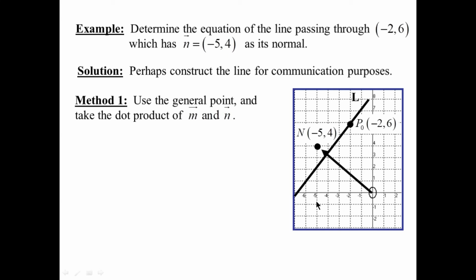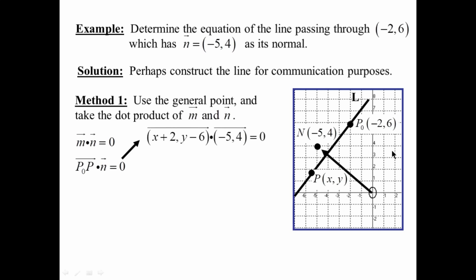Method 1: use a general point and take the dot product of its direction and its normal. So we'll put a general point on there, and its direction will be (x minus negative 2, y subtract 6). We know its normal, and we dot those two things to 0: (x minus negative 2, y subtract 6) dotted with (-5, 4).